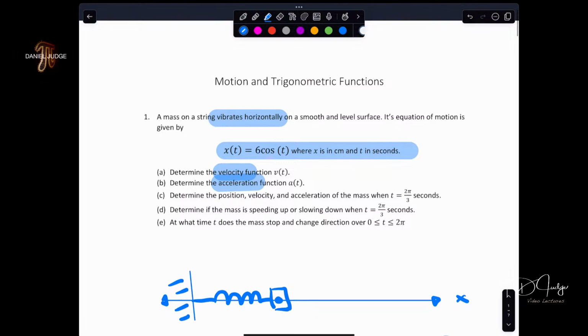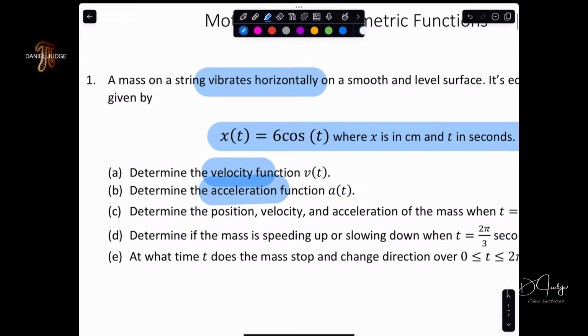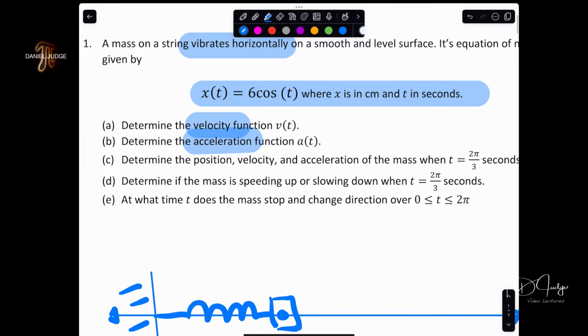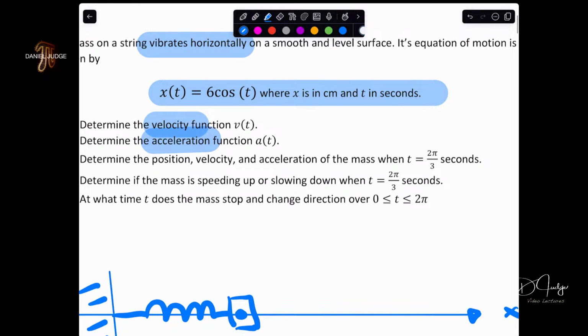So we've done the first part, getting a velocity function and an acceleration function. And now notice what they're saying here: to determine the position, velocity, and acceleration of the mass when your time is 2 pi over 3 seconds.